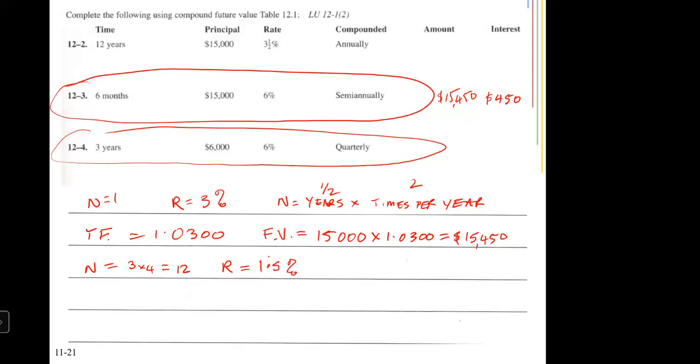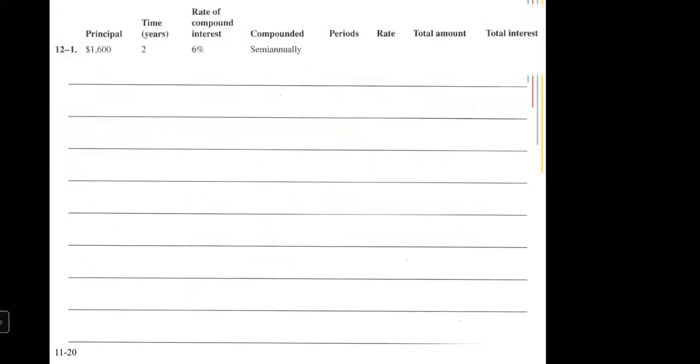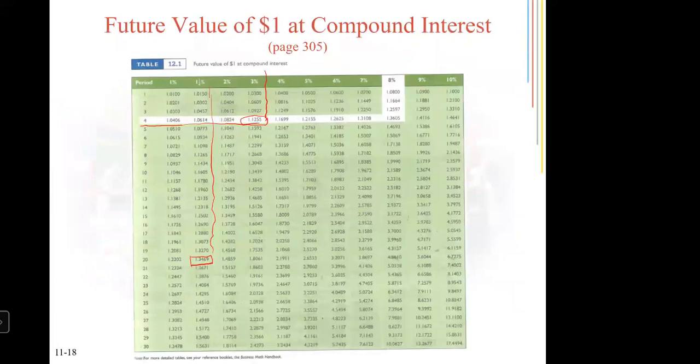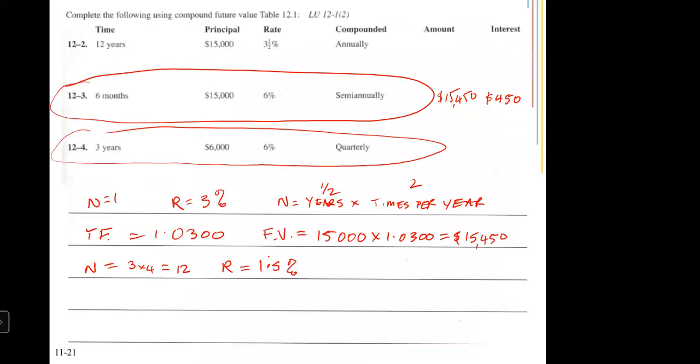So we need to go to the table, look for 12 periods at 1.5%, and see what that should be. 1.1960. So the table factor is equal to 1.1960.